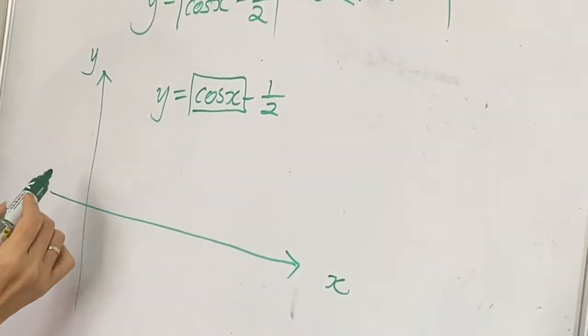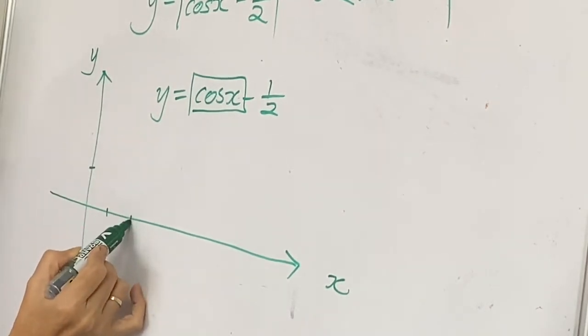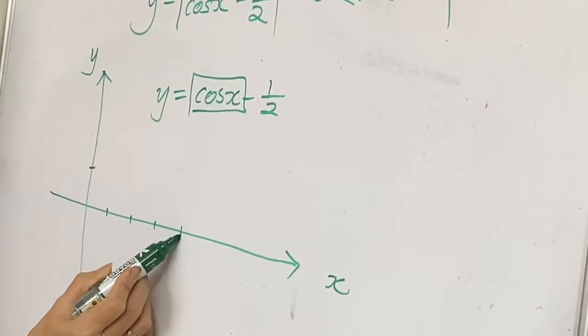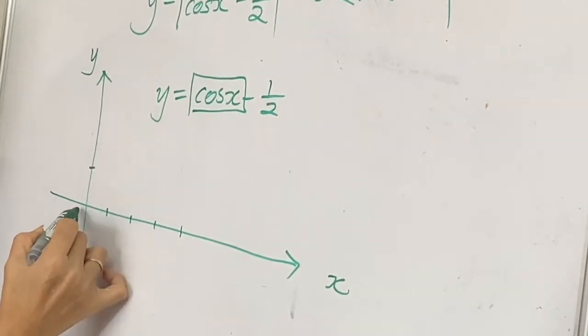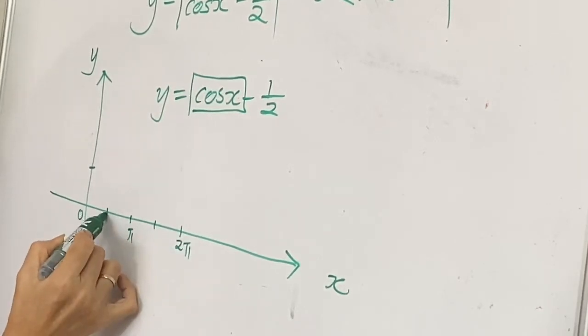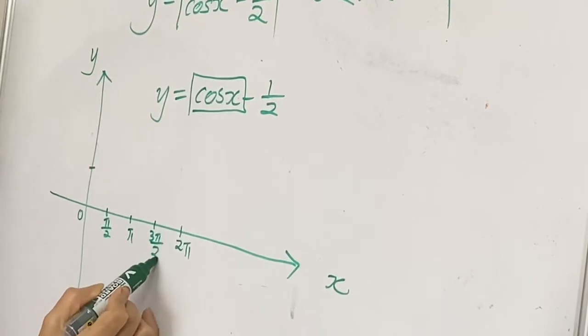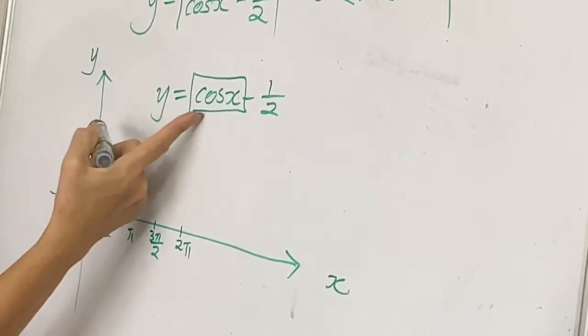Because it's a sketch, normally we don't use a ruler to measure. We just label 0, here pi, here 2 pi, and then half of the pi, pi over 2, then 3 pi over 2. Then you can press your calculator for cos x.